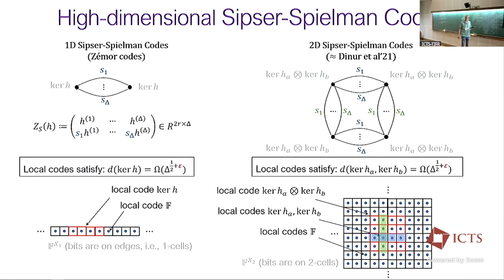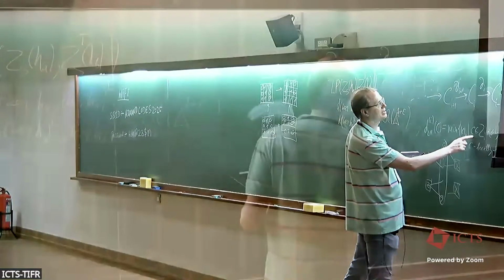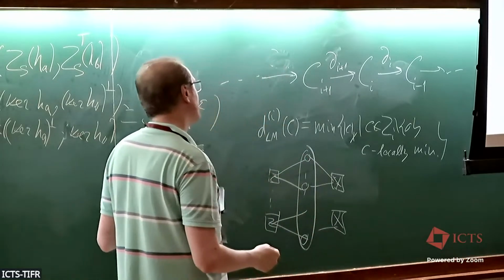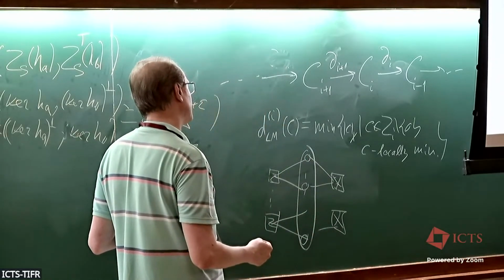Yes, globally minimum is also locally minimum. Okay, so you mean that if we consider globally minimum, yes, we have globally minimum, but we cannot remove it.